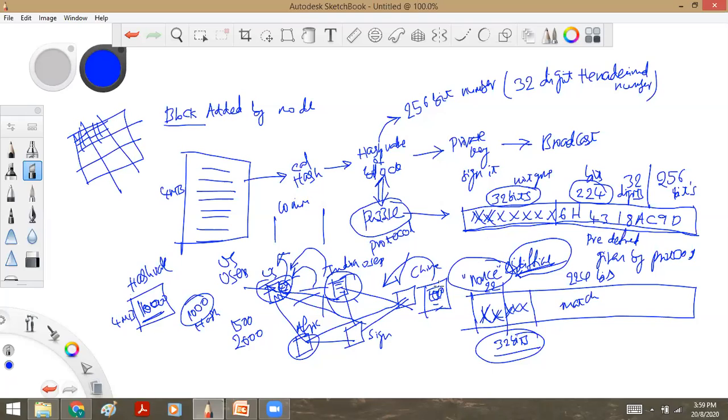Okay, now I will look at the questions. Yes, 64 digit. Yes, a hexadecimal digit is 4 bits, so 256 divided by 4.